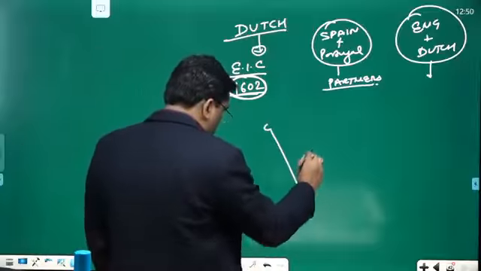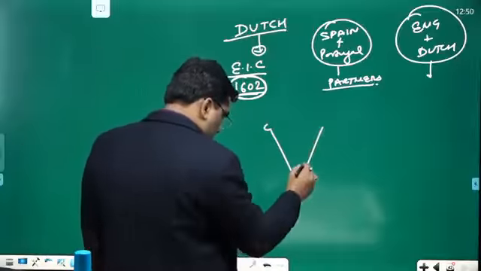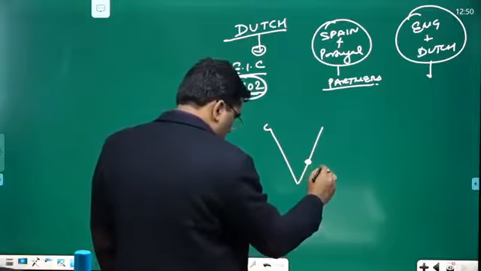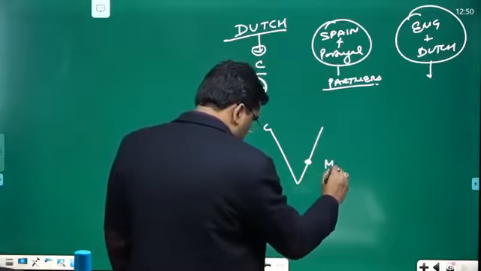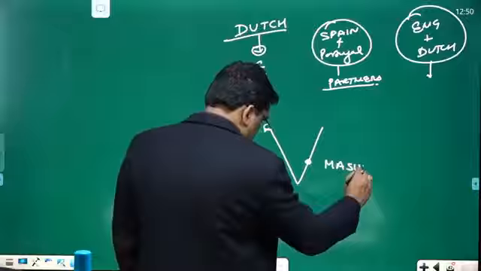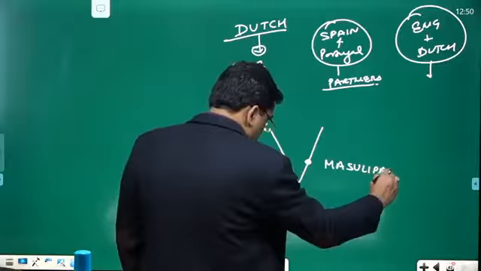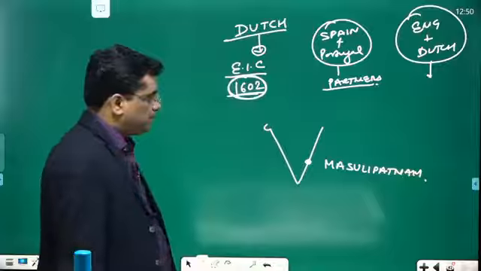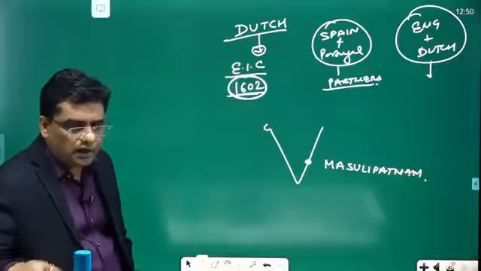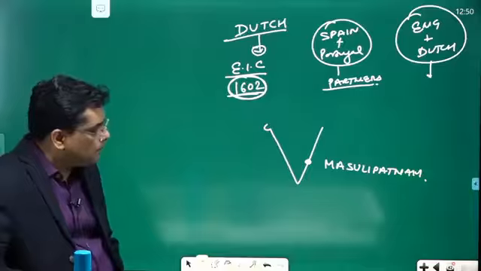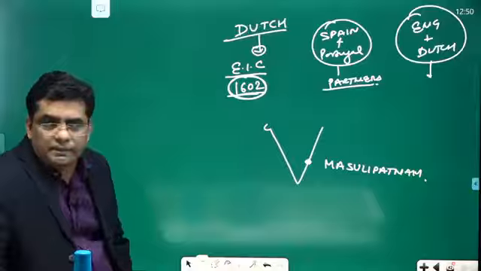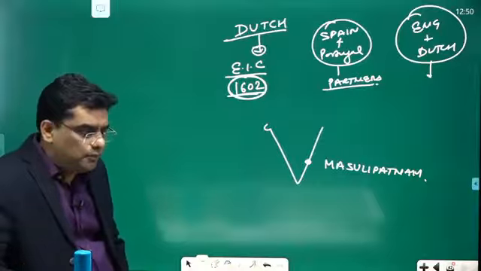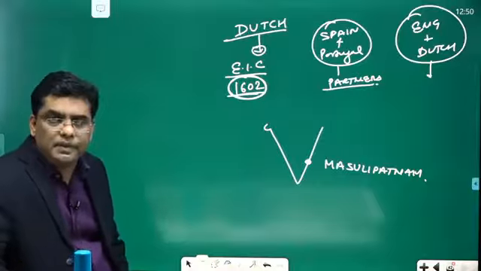The first Dutch factory was established at Masulipatam. So the Dutch were aiming at the east coast. Basically, the Dutch wanted to trade in Indian cotton.